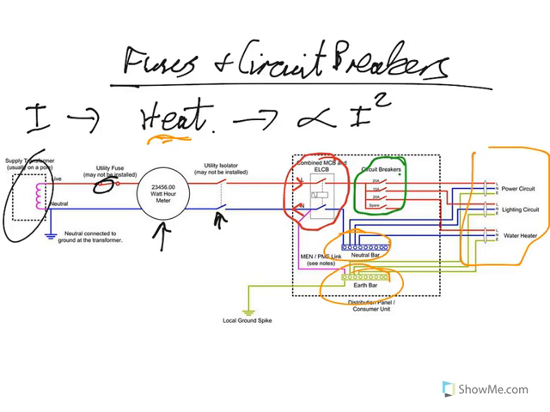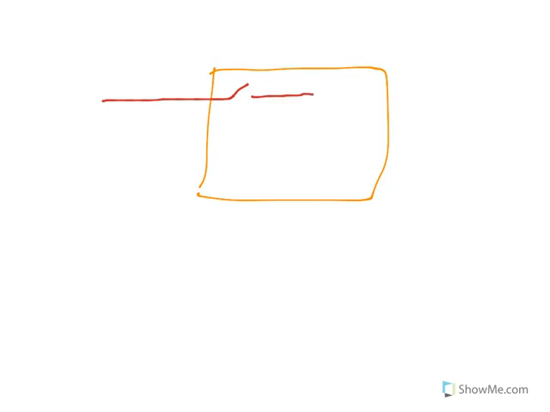So basically, your earth wire. If you have an appliance, so here's an appliance, and you've got your electricity coming in, there's a switch there, and you've got your appliance which is doing some stuff, whatever it is, and then you've got your wire coming out.